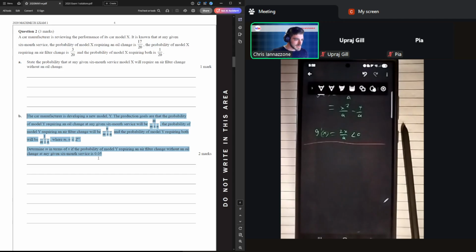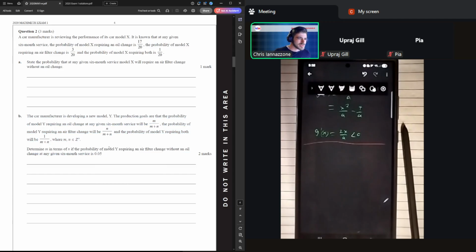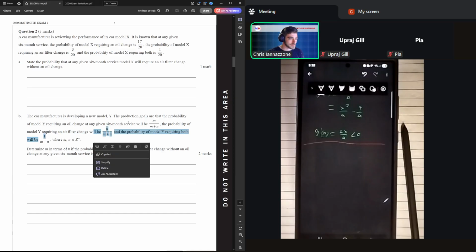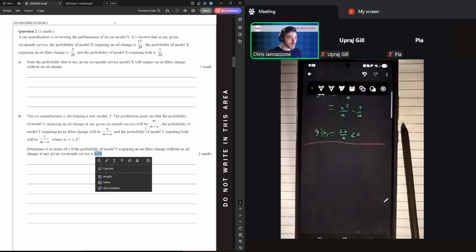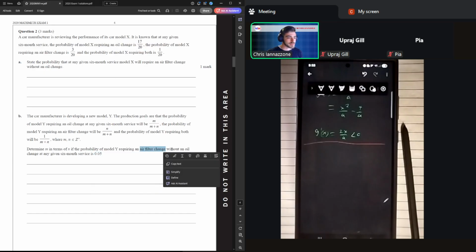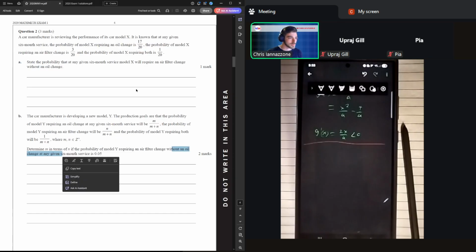Here's what I believe is the exact same question, or at least a very similar question, but now probabilities are not numbers, but they are letters instead. You've still got oil change, you've still got air filter, and you've still got both. This time you're given the target probability of air filter change without oil. So I believe that's the same thing here, air filter without oil.